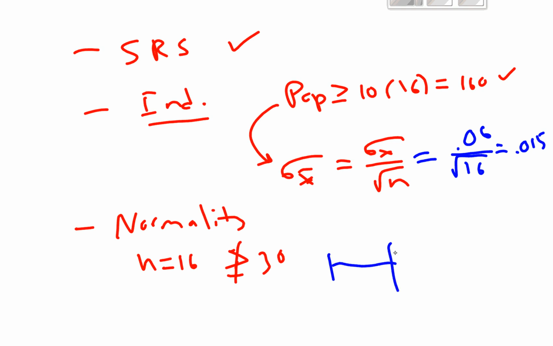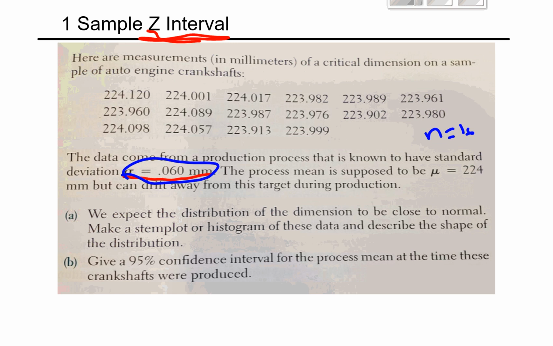I'll attempt to draw a little picture of it. You only see very slight skewness to the right, minimal skewness. Probably one of the best box plots we've seen so far. So that means it's safe to use the Z interval.